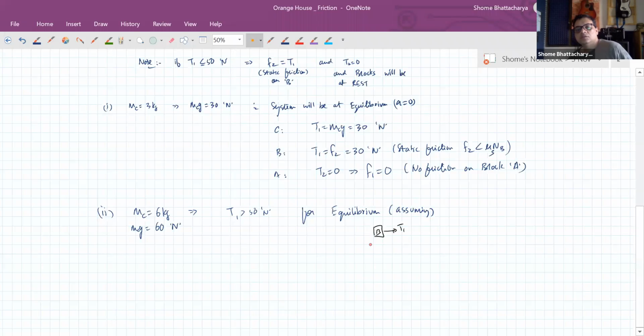So on block B, there will be maximum friction acting, which is mu s into normal reaction, but that is not going to be enough to balance the tension. So the second tension comes into play. This string is also pulled, but what we are hoping for is that the system can still be in equilibrium, because this tension is getting balanced with friction acting on it.